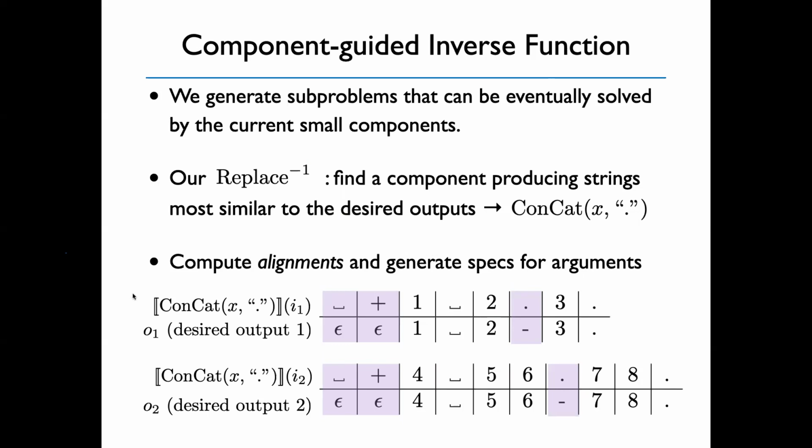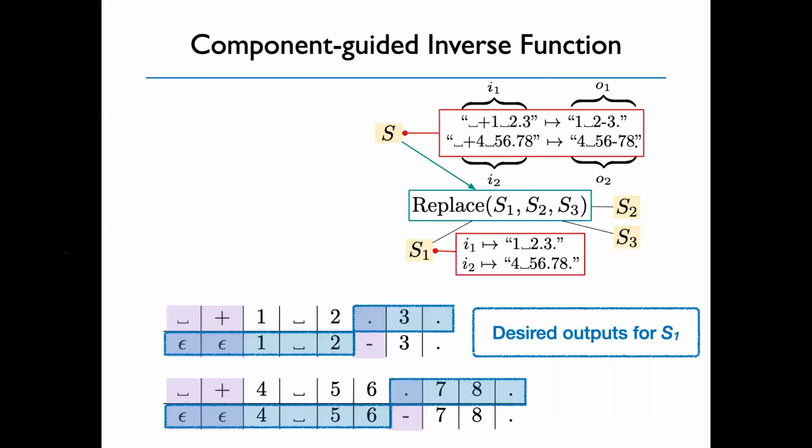We compute an alignment of the component output and desired output. An alignment is a pair of strings obtained by arranging two strings to identify regions of similarity, as depicted in these figures. Epsilon denotes the empty word, and the characters highlighted in color denote mismatches. From the alignment, we obtain the desired output of the argument expressions.